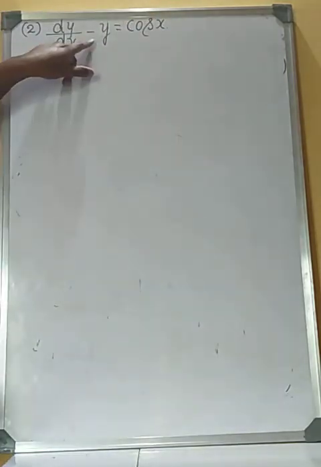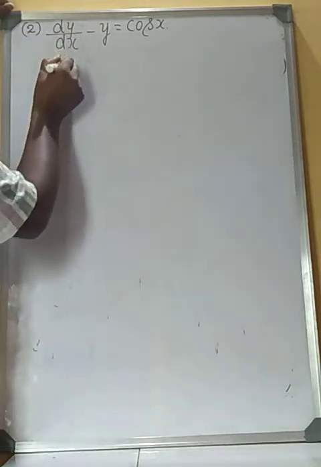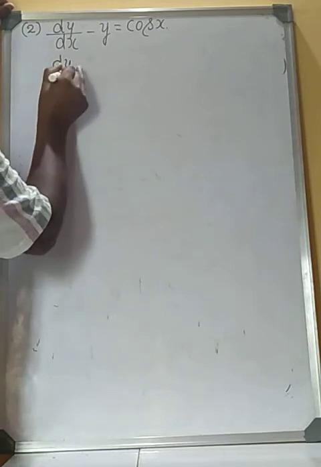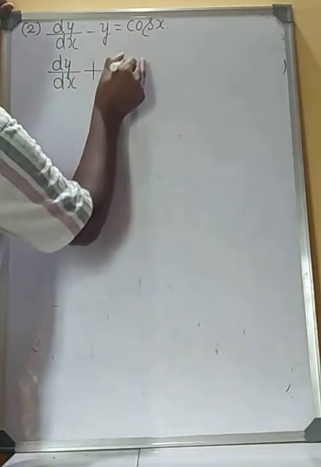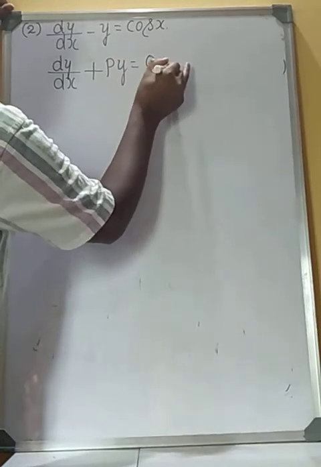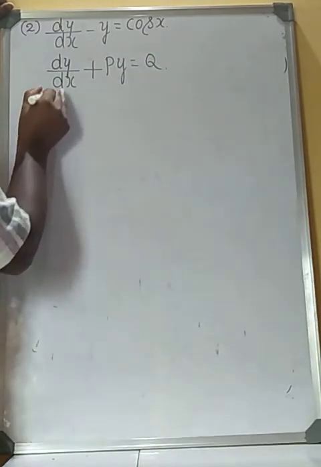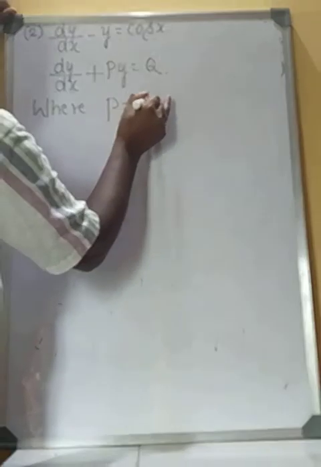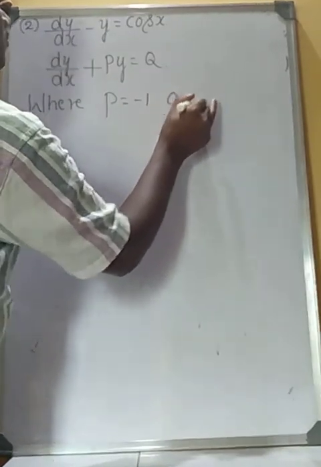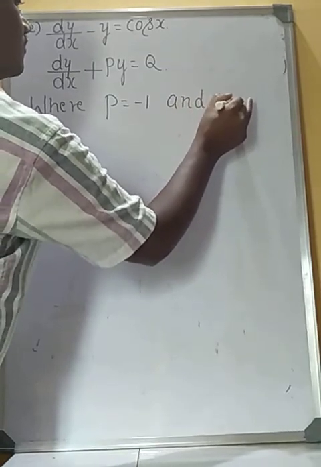The given differential equation is of the form dy by dx plus py is equal to q, where p is equal to minus 1 and q is equal to cos x.